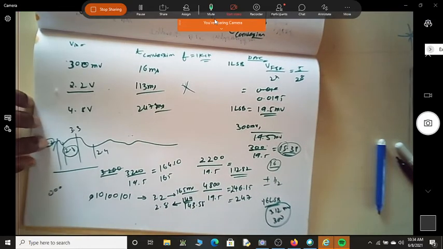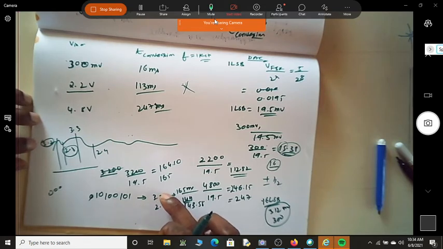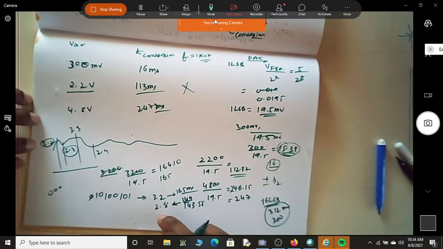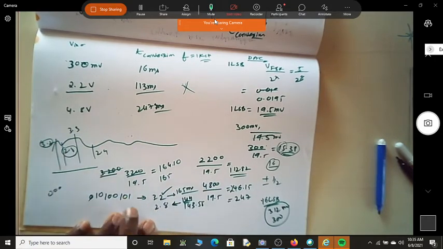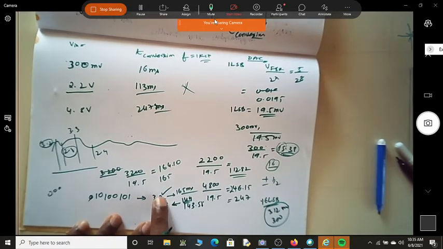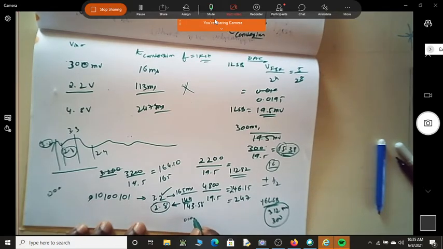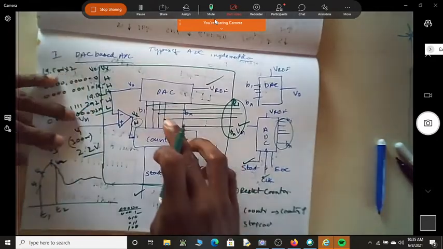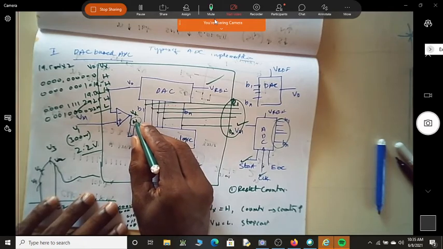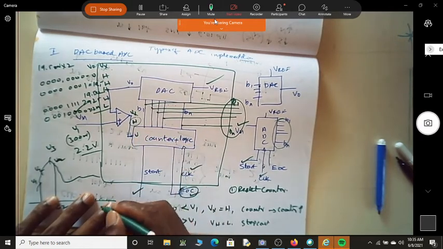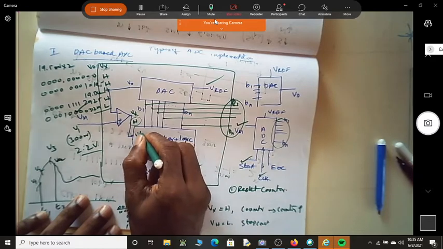Since I know that my voltage after 3.2 is 2.8, because it is around that value, once you get the binary equivalent of 3.2 volts, in order to get the digital equivalent of 2.8, instead of starting from 0, 0, 0, what we can do is, instead of resetting it, if it is high, make an up count. If it is low, do a down count.